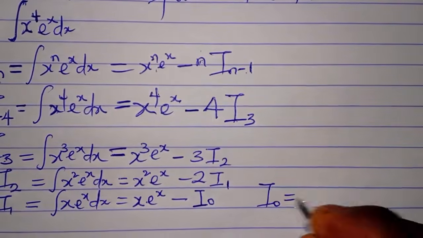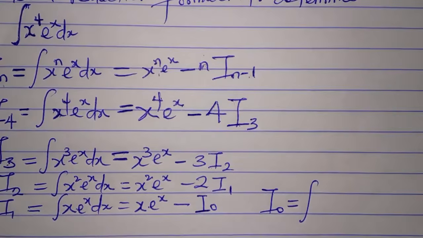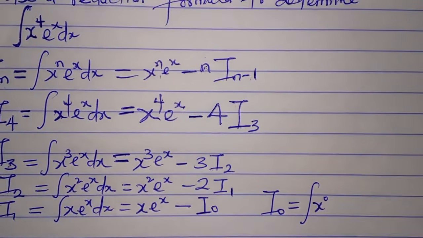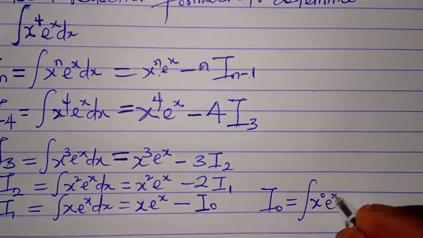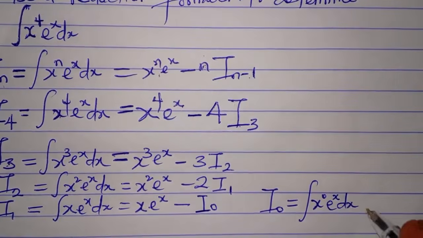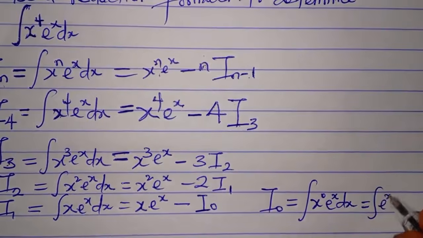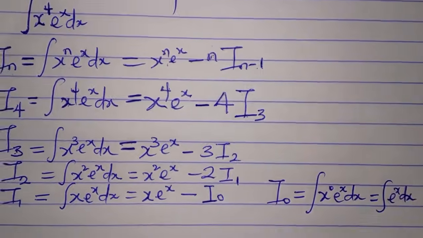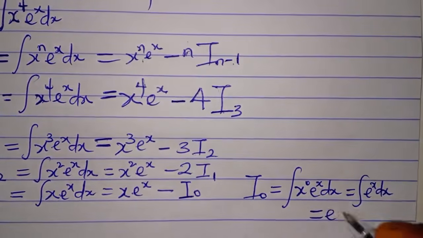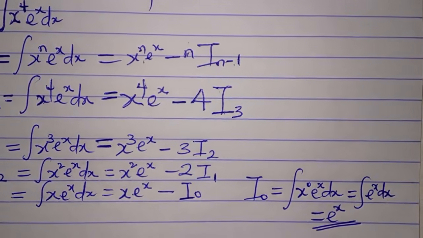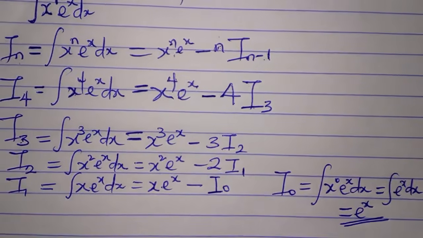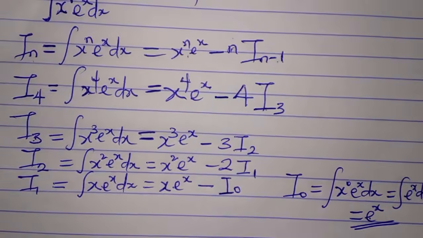I naught is simply the integral of x to the power of 0 e to the power of x dx. So x to the power of 0 is 1, so we are just left with the integral of e to the power of x dx. And if you integrate the exponential function, you will still get e to the power of x, right? That's it. So let's neglect the constant of integration. So I naught is e to the power of x.